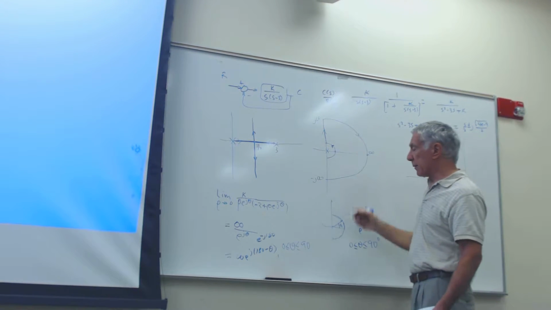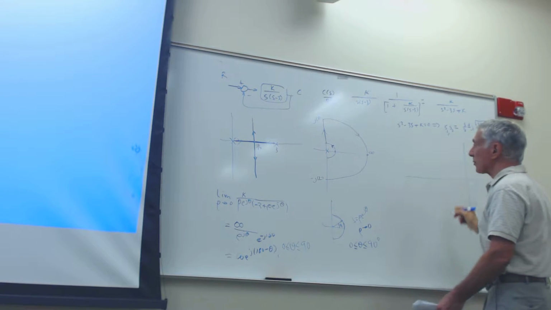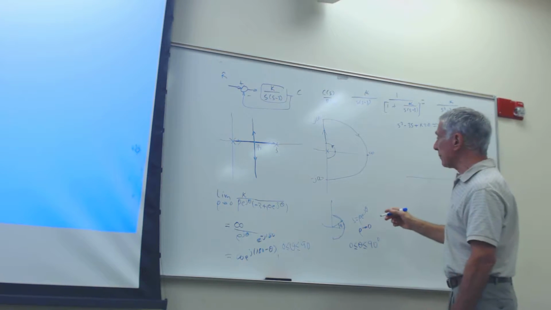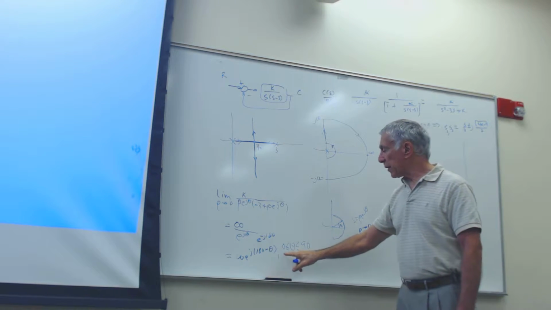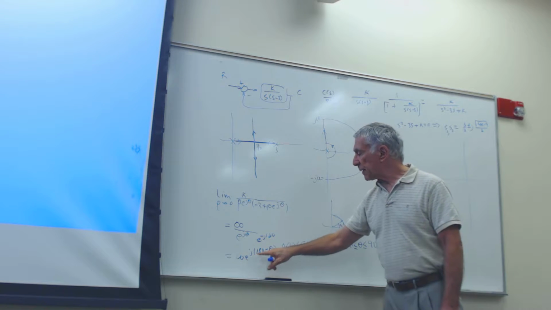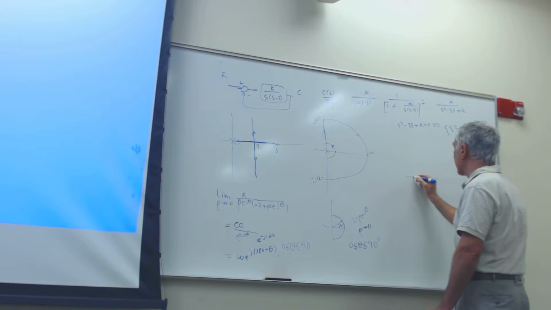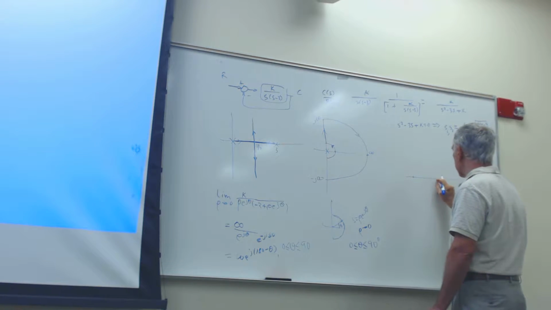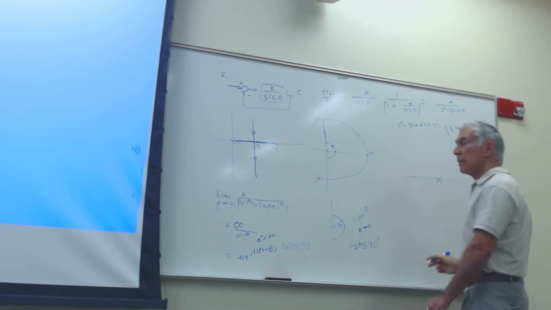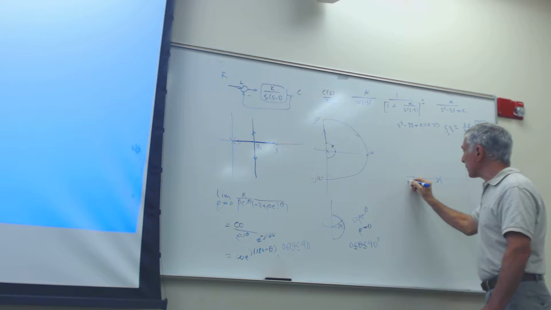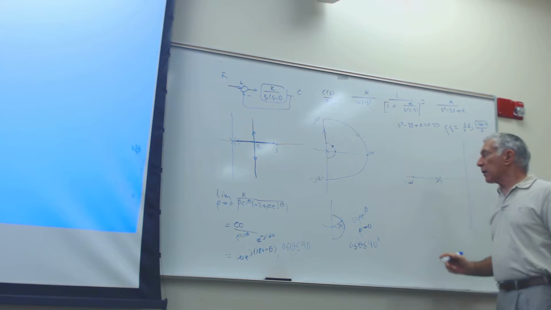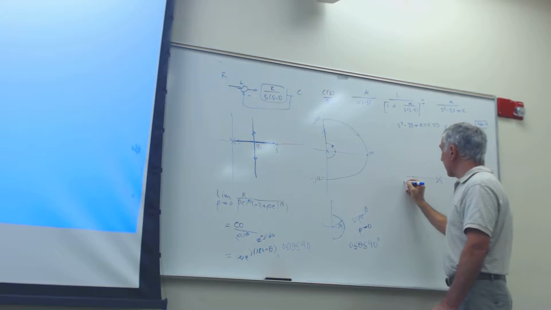When we start drawing our Nyquist diagram, with theta equal to 0, you've got infinity at angle 180, which is a point here. If you break the axis, you've got minus infinity.